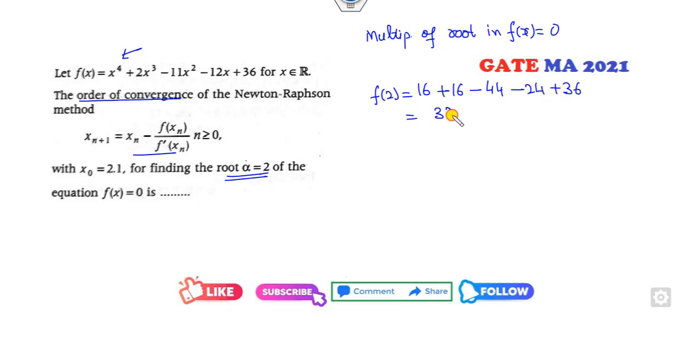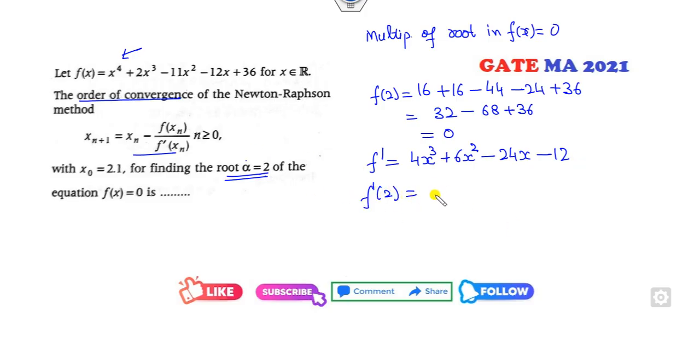So this is 32 minus 68 plus 36, which is 0. Now I can find the first derivative, 4x cube, 6x square minus 24x minus 12.